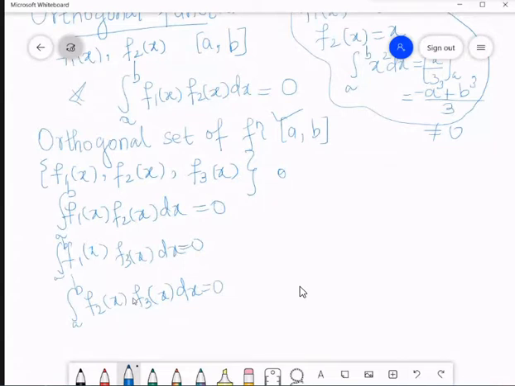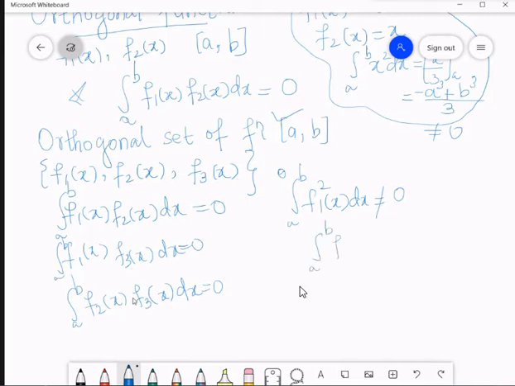Similarly, what I want is that the length of the vector should also not be 0. What does that mean? In my set, I should not have the function 0. So f1 of x into f1 of x becomes f1 square of x, and the integral from a to b of f1 square x dx should not be equal to 0.